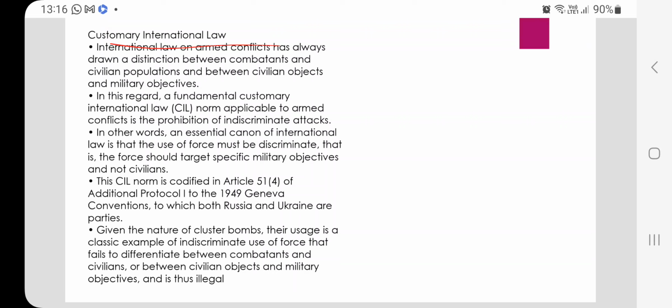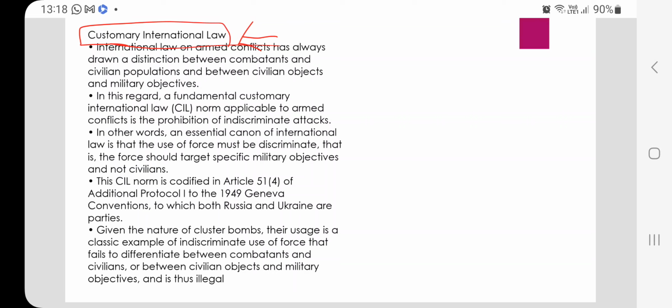So, given this argument by the non-parties to the convention, the writer is saying that these countries are forgetting something called customary international law. Customary international law consists of international norms which are accepted and to be followed by all countries, irrespective of whether they have signed, ratified, or adopted these norms.